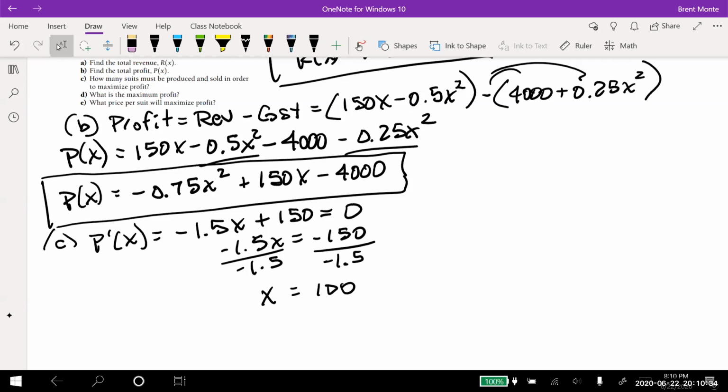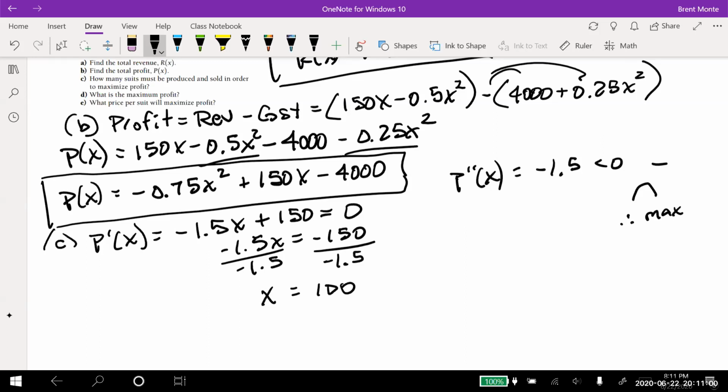Okay, so I've got that. My next step is to verify that's where the maximum occurs. Again, an easy way to do it is look at P double prime. The second derivative is just negative 1.5, and that's less than 0. It's always negative, so that means it's concave down, which means it's a maximum.